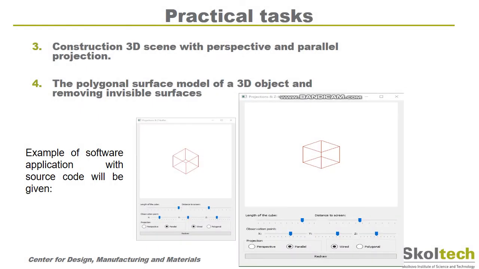The next 2 laboratory works are devoted to the boundary representation in 3D space. You will need to build a 3D scene with a shape and a polygonal representation of that shape.